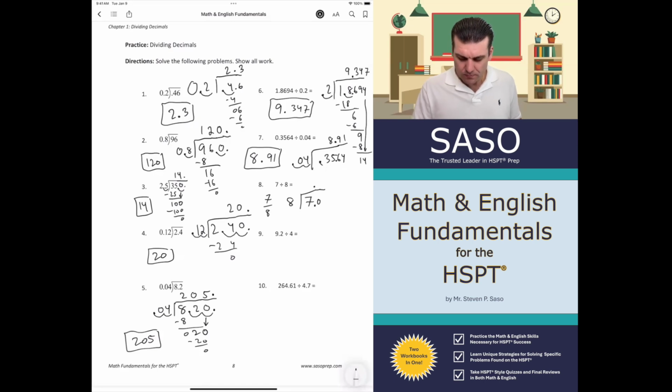Okay. 8 into 70. Well, 8 times 8 is 64. I think that gets the job done there. 8 times 8 is 64. Okay. 70 minus 64 is 6. We're going to add a 0. So this is what you do here. You keep adding zeros. So add a 0, bring it down. 8 goes into 60 7 times.